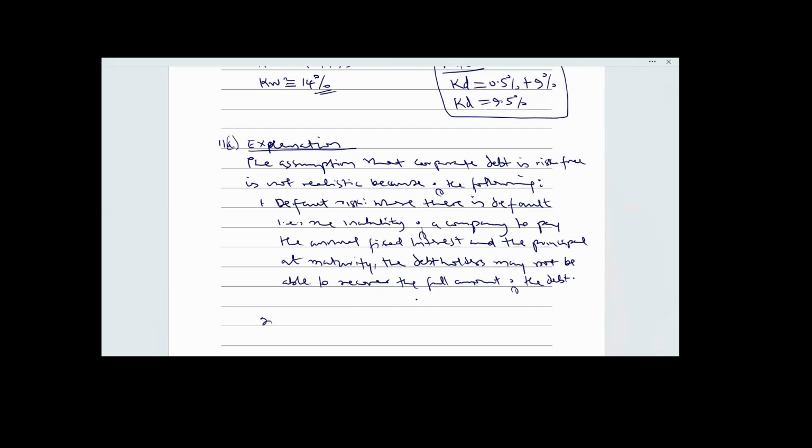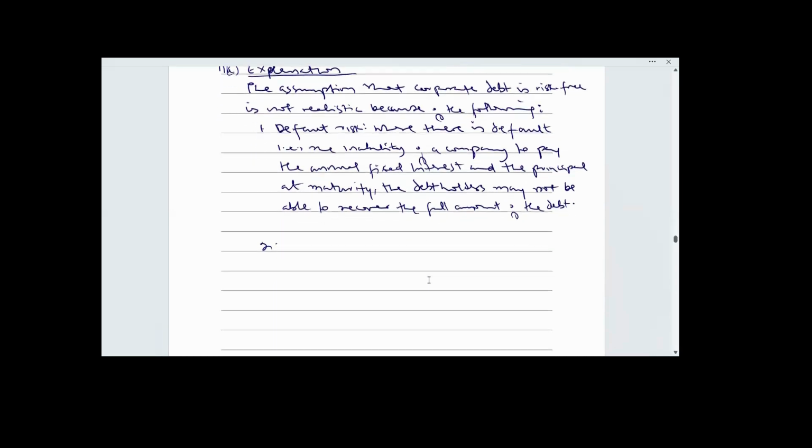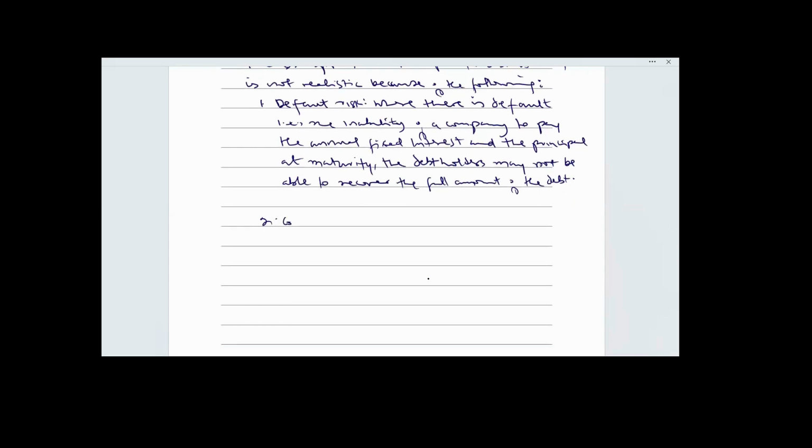Two, companies are a legal entity distinct from its owners.